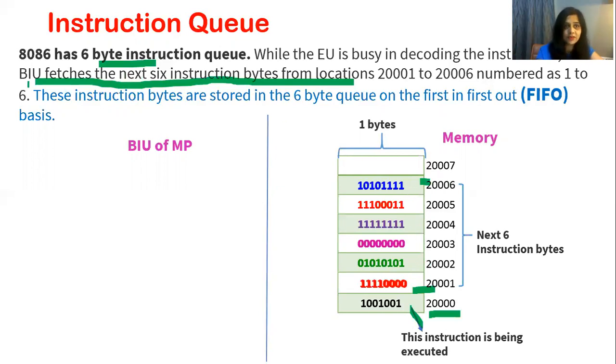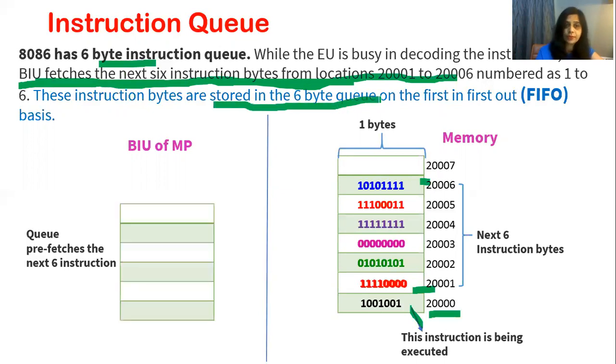So what does the bus interface unit do? It fetches the next 6 instruction bytes from the location and stores them in the 6-byte instruction queue. Say this is the bus interface unit of the microprocessor and this is the 6-byte instruction queue.